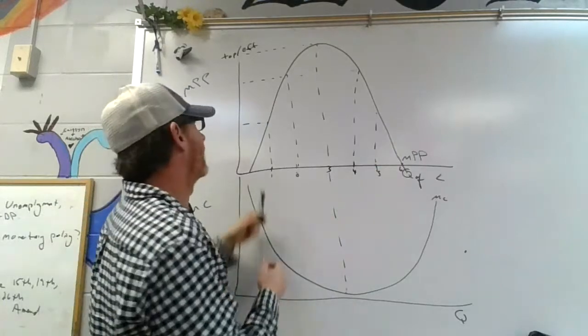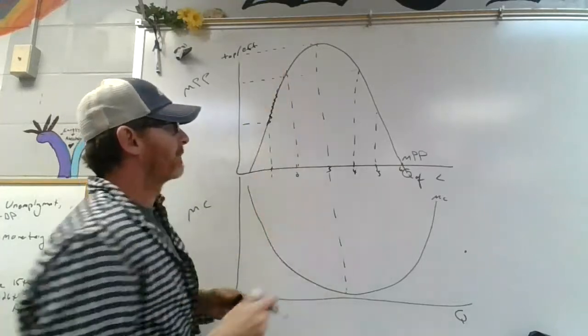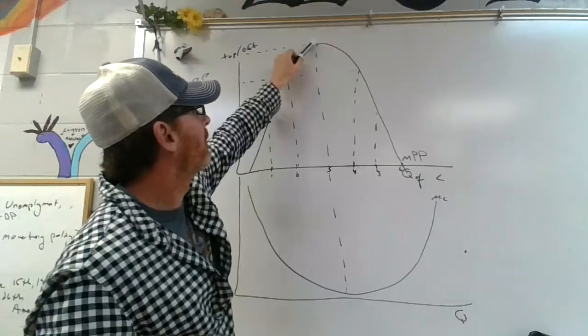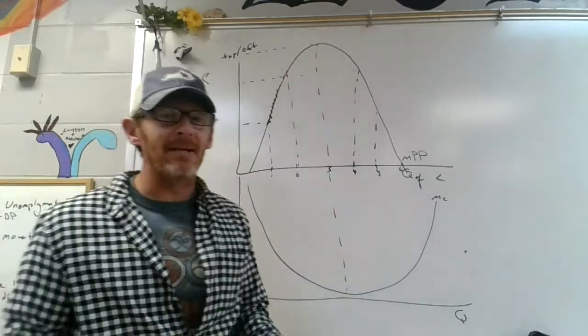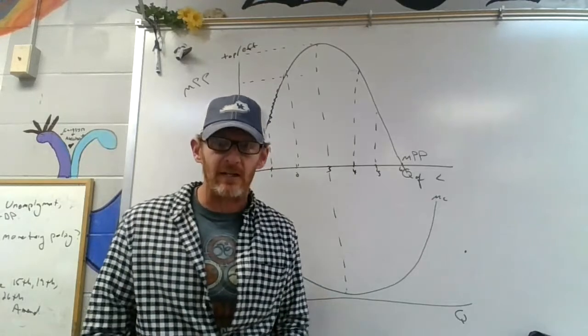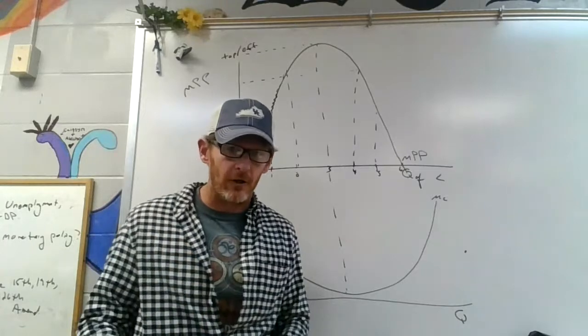So we're seeing that while we're going up, we're having an increased amount of productivity per worker, and then as we go from the top down, we're having diminishing marginal returns, or I should say diminishing marginal productivity in this case. Now, this has the mirror effect on the marginal cost curve, right?